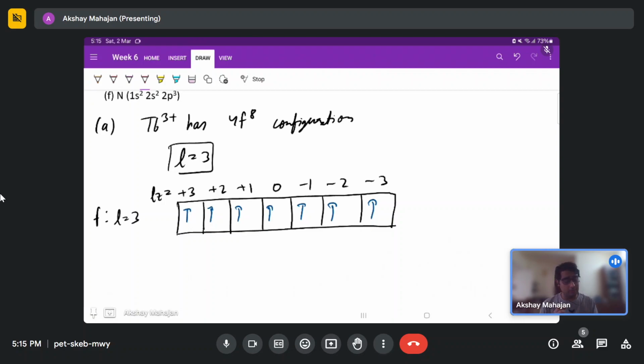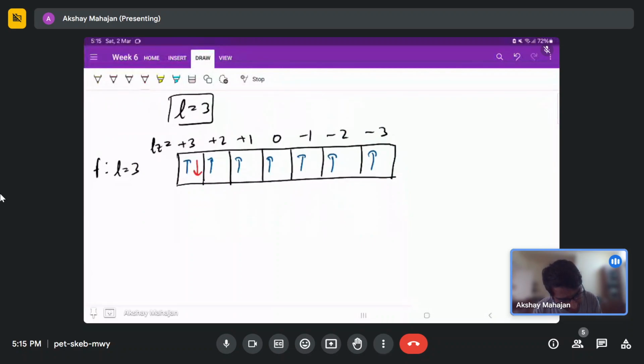Then we go to Hund's second rule, which says to maximize the value of capital L, the summation of Lz. To maximize L, we need to fill the electrons from the most positive value to the most negative value. So we will put my spin down electron here.